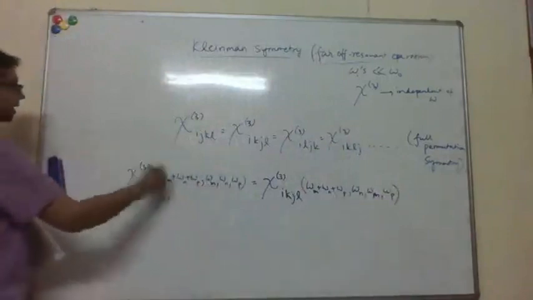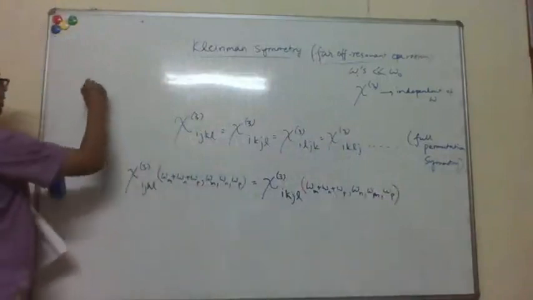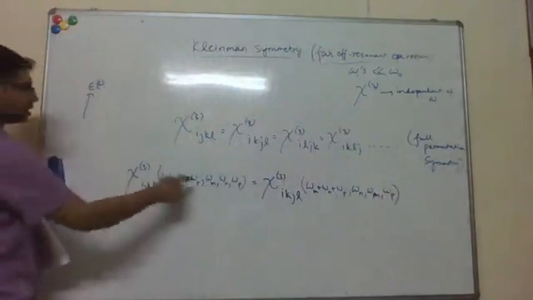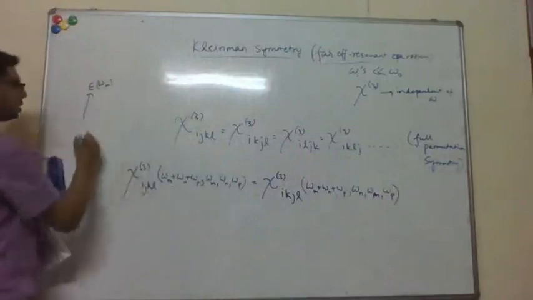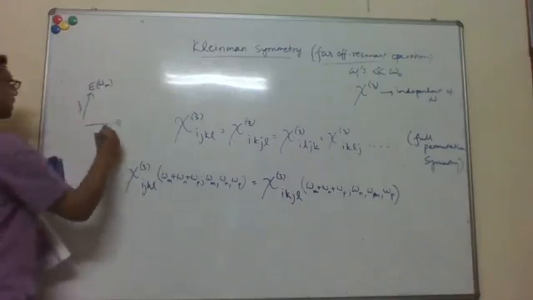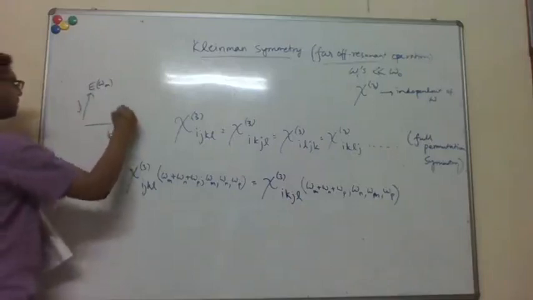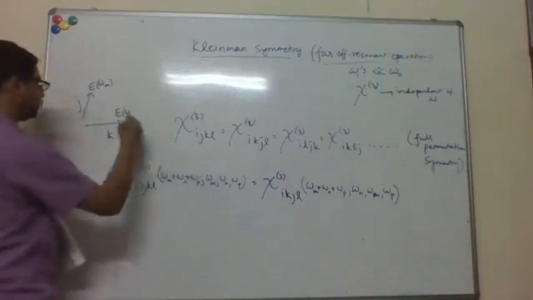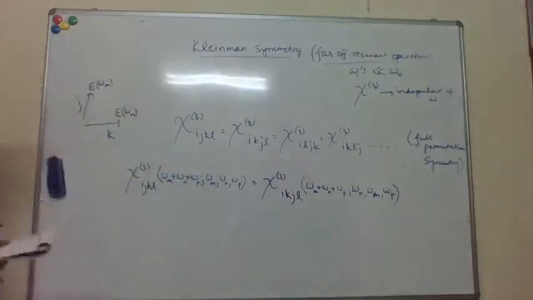So what I'm doing is I've applied a field E at frequency omega m along the j direction, and along the k direction I've applied a field at frequency omega n. Right.